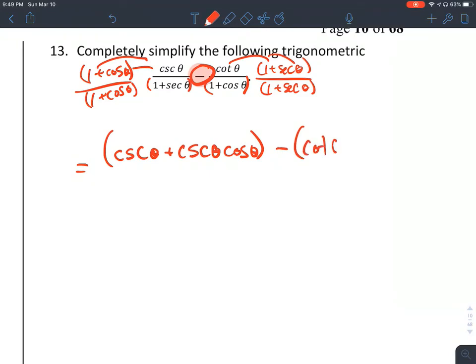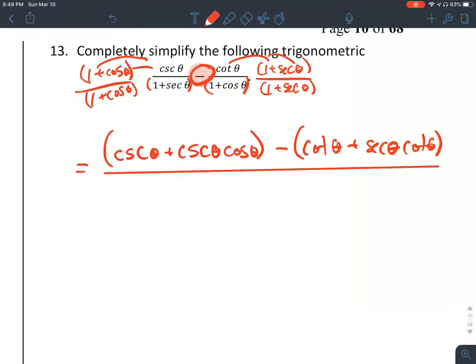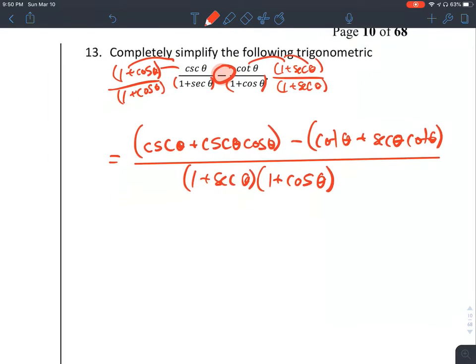I have cotangent of theta plus secant of theta times cotangent of theta. This is all going to be over 1 plus secant of theta times 1 plus cosine of theta. I don't know if that bottom needs multiplied out yet. I'm going to leave it there and see what happens. Maybe I won't have to do anything with that. We'll see.